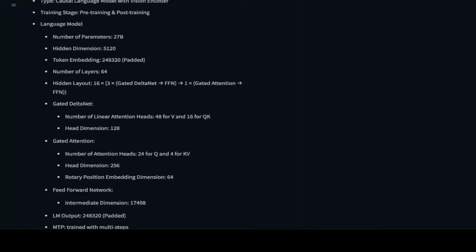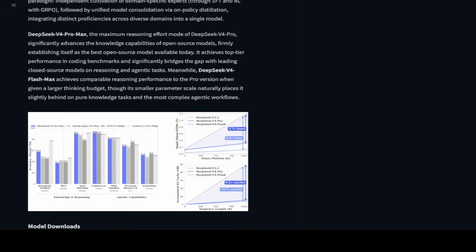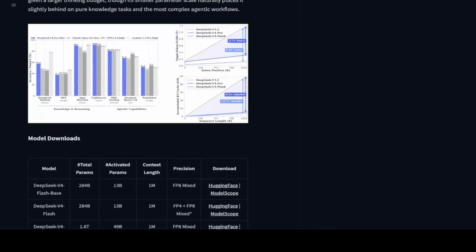So that being said, let's go to the performance first. For the performance, you can see DeepSeek V4 compares itself to Opus 4.6 Max. So you can see the results are astonishing. DeepSeek V4 is almost in line with Opus 4.6 in all different metrics, right?